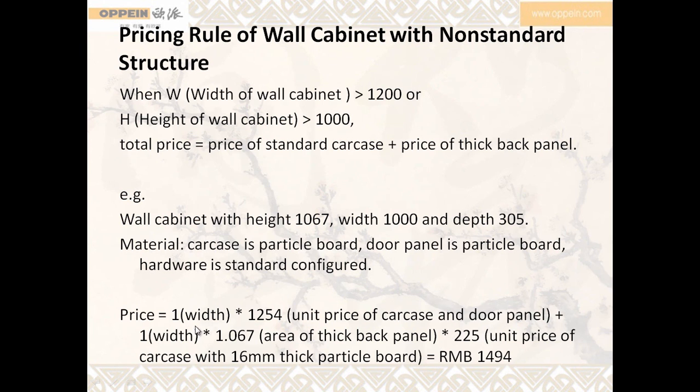The first part is the width multiply unit price of carcass of door panel. The second part is width multiply area of thick back panel multiply unit price of carcass with 16 mm thick particle board. Then you get the final answer, which is 1,494 RMB.